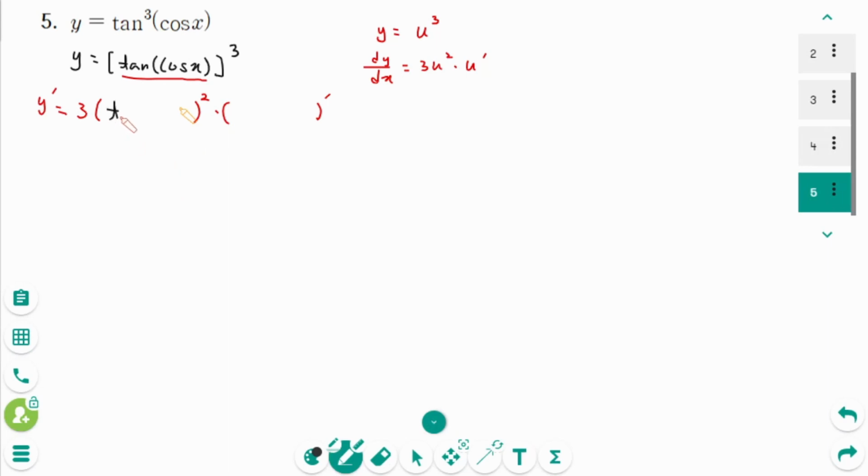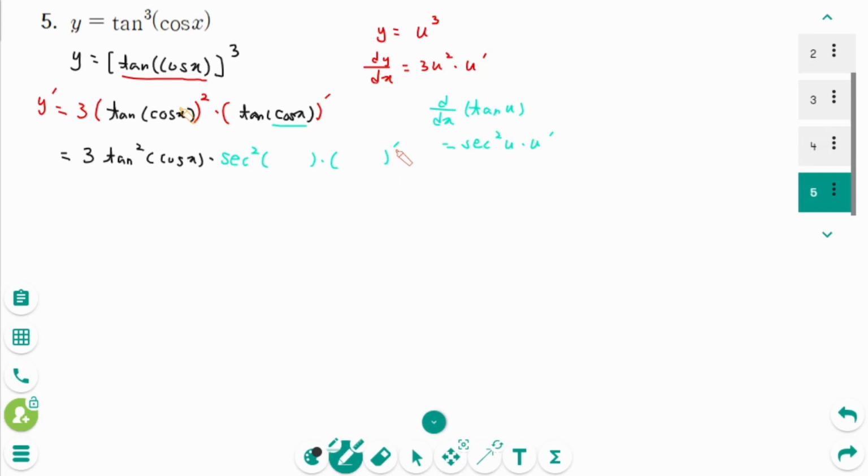Keep the inner function, tangent cosine x, equals 3 times tangent squared cosine x times, now think of it as u equals cosine x, so d dx tangent u equals secant squared u times u prime. So tangent u prime equals secant squared u times u prime.